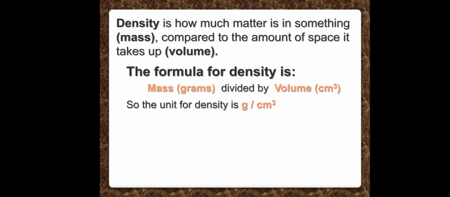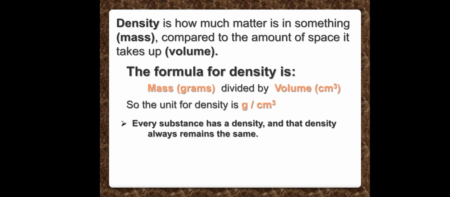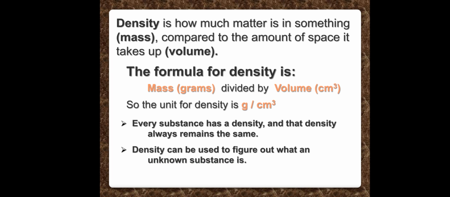So the unit of density is grams per centimeter cubed. Every substance has a density, and that density always remains the same. Density can be used to figure out what an unknown substance is. The density of butter is 1 gram per centimeter cubed.